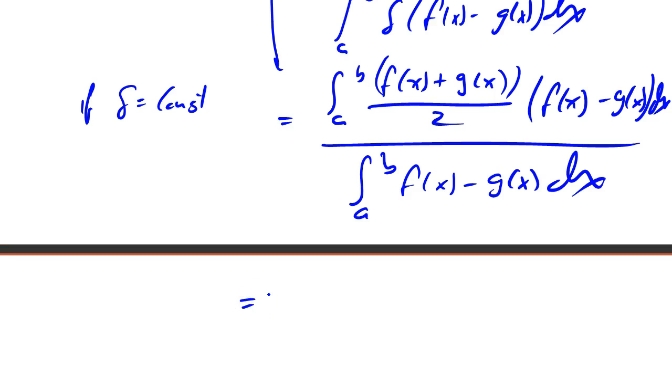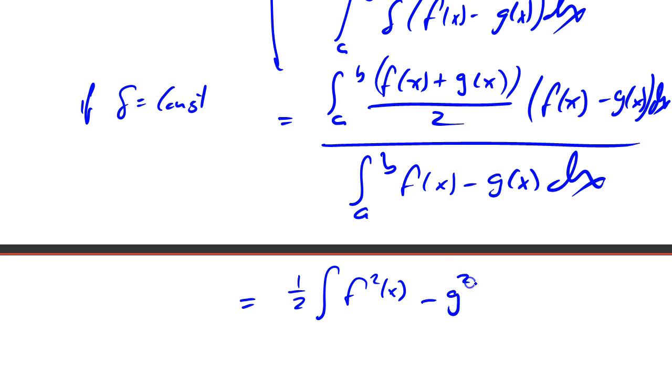If I take that 1/2 out, let's say 1/2 the integral, then you've got f of x plus g of x times f of x minus g of x. Well, when I FOIL that out, that's really nice because I've got f of x times f of x, that's f squared of x. I've got f of x times negative g of x, and I've got f of x times positive g of x. The outside terms and the inside terms cancel out, and then you've got the minus g squared because you've got g of x times minus g of x.